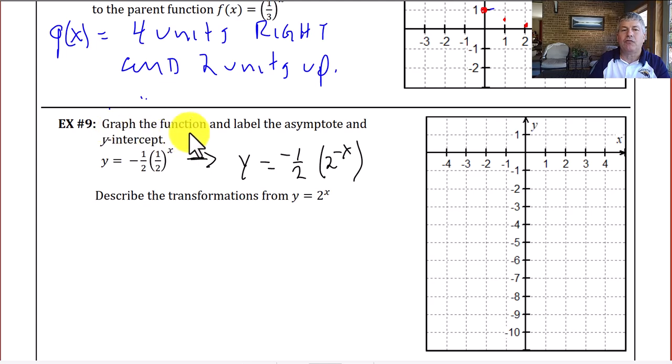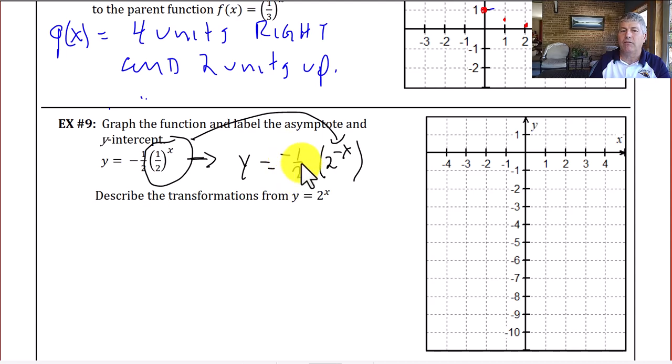Example 9 says graph the function and label the asymptote and y-intercept of y = -1/2 times (1/2)^x. So we've got something going on here with the y's. Let's take a closer look at this. (1/2)^x, I can rewrite this. All (1/2)^x can be written as 2^(-x).